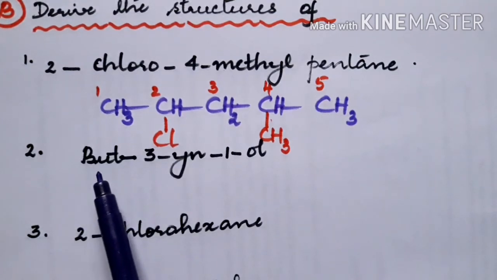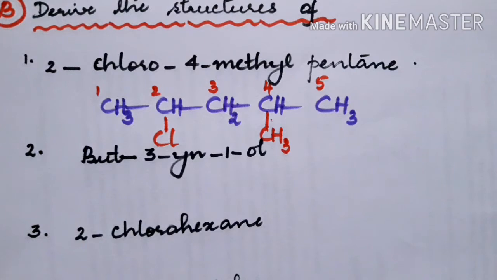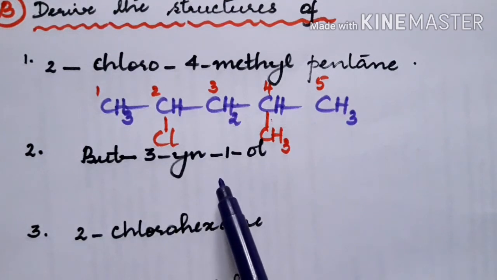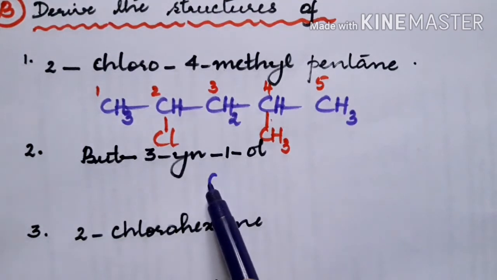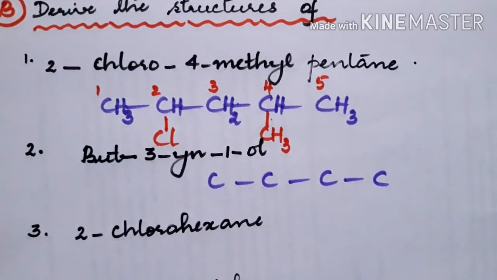Next compound, but-3-yn-1-ol. What do you understand by but? But means there are 4 carbon atoms. So the carbon chain will contain total of 4 carbon atoms. 1, 2, 3, 4. First position we give OH group.